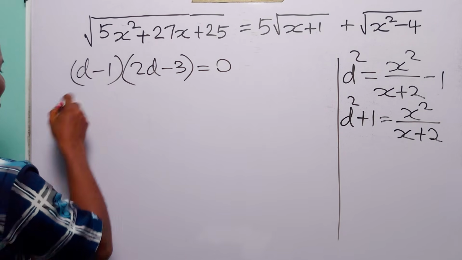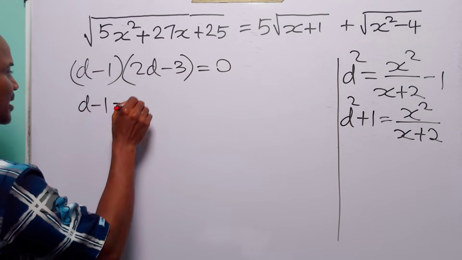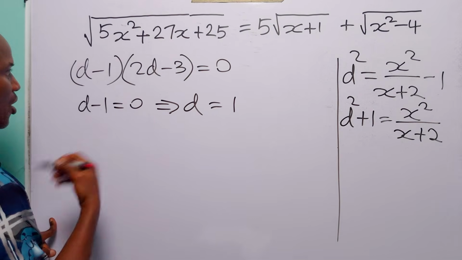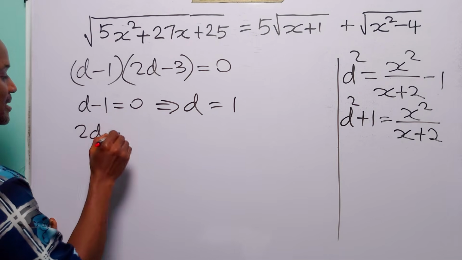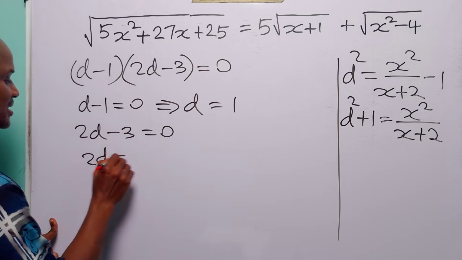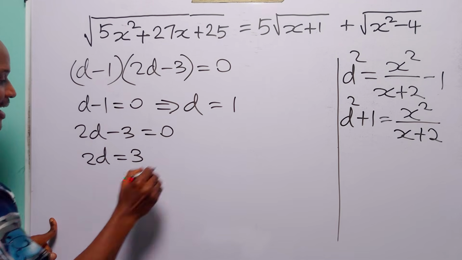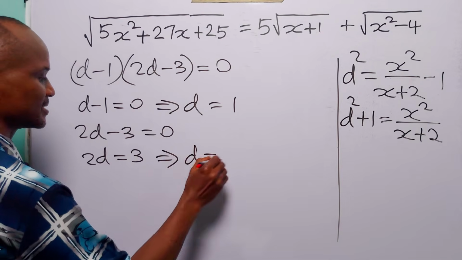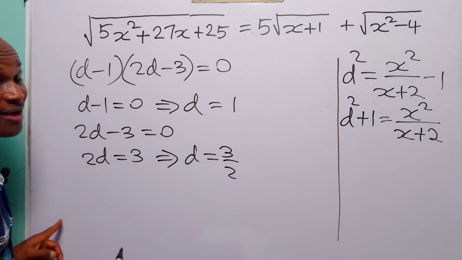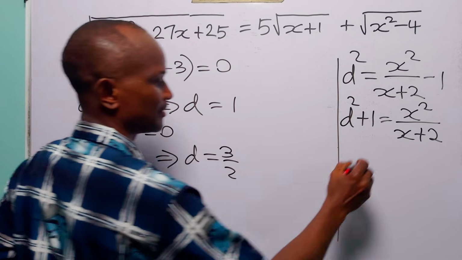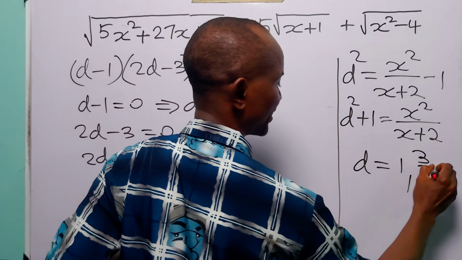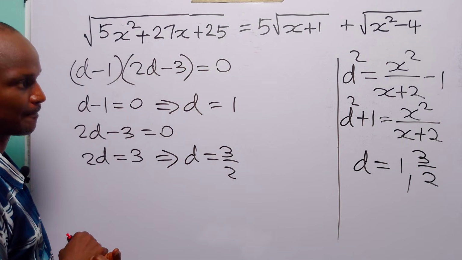And from here, we have that either d minus 1 is equal to 0, from where d is equal to 1, or 2d minus 3 is equal to 0, from where 2d is equal to 3, and d is equal to 3 over 2. So we have two values for d. We have that d is equal to 1 or 3 over 2.